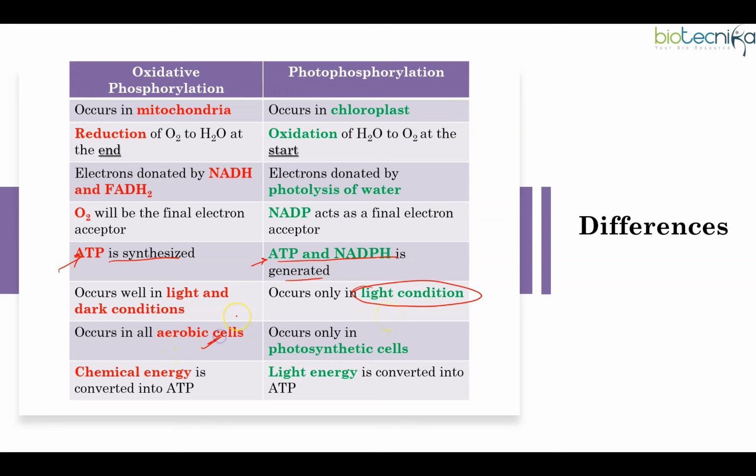Oxidative phosphorylation occurs in all aerobic cells wherever mitochondria are present, but photophosphorylation can occur only in photosynthetic cells. Finally, in oxidative phosphorylation, chemical energy is converted into ATP, whereas in photophosphorylation, light energy is converted into ATP.